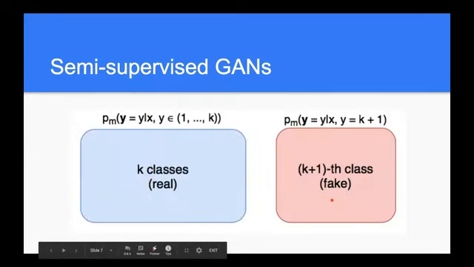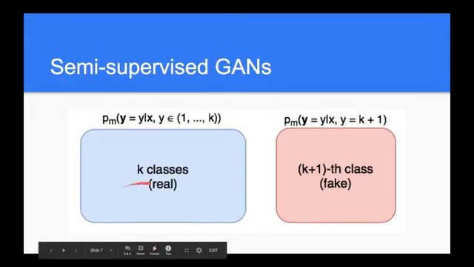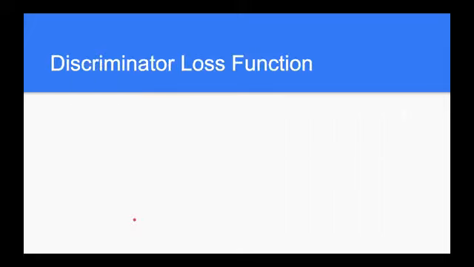And this graph illustrates this better. You have the k classes, which are real classes, then you have the k plus 1 class, which is for fake. Then your discriminator will just do the classification over k plus 1 classes.